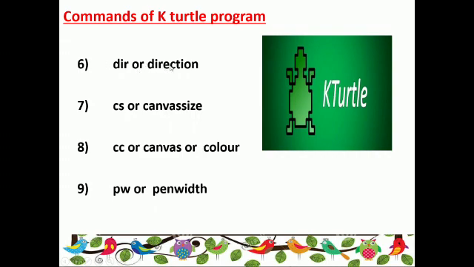CS, that is for canvas size, just increases or decreases the canvas width or height. CC for canvas color is used to change the color of your canvas, and PW, that is pen width, is used to change the width of your pen. And what is the pen here? Pen is actually the turtle that you can see here in this program. This is the pen of KTurtle program.